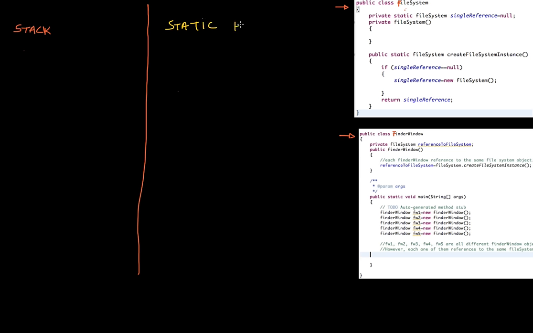And let's use aqua to draw the object space of the heap. So this is the object space of the heap here.